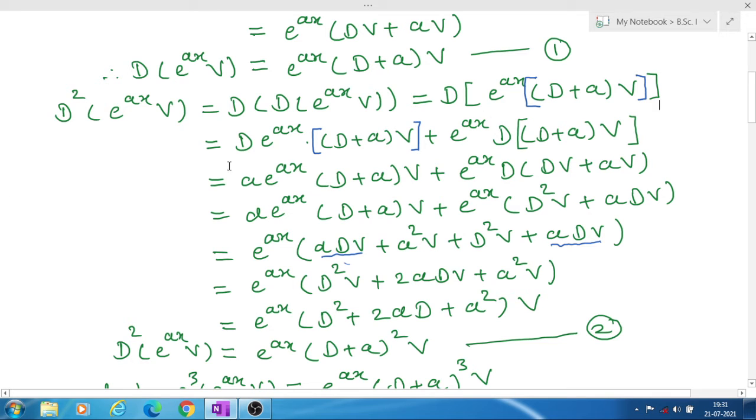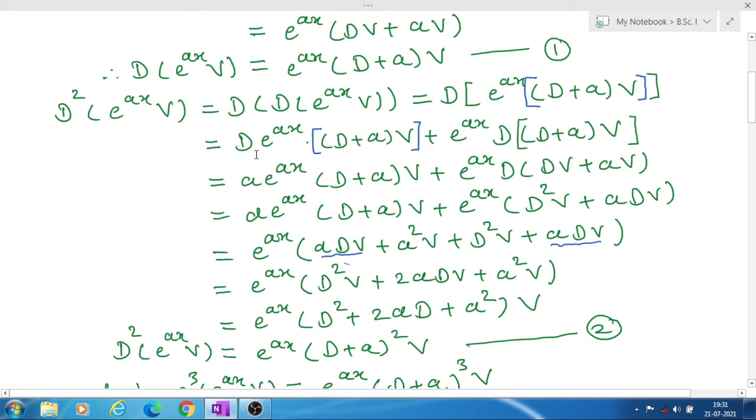So we take the derivative of these two terms using the product formula. Therefore D of e raised to ax first, and D plus a into v remains as it is, plus now e raised to ax as it is into the derivative of D plus a into v.